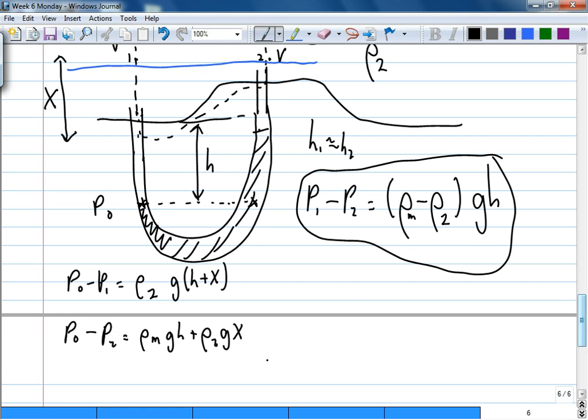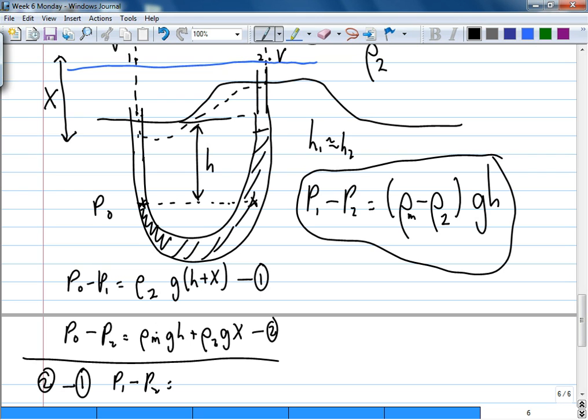Subtracting, 2 subtract 1, I get P1 minus P2 is equal to rho GX cancel out, rho M minus rho 2 GH. Is that okay or not?